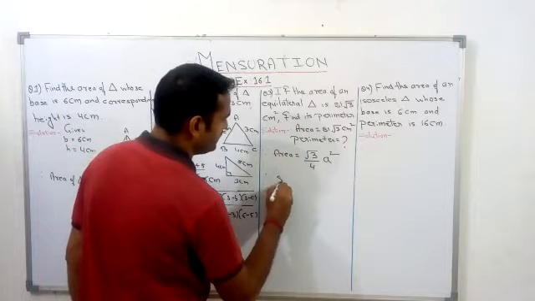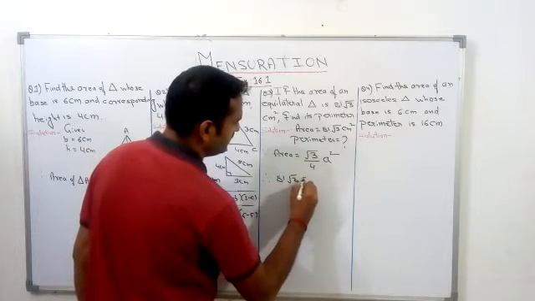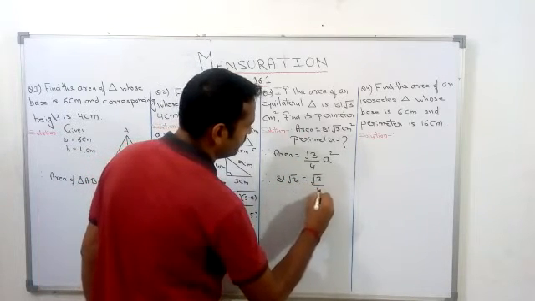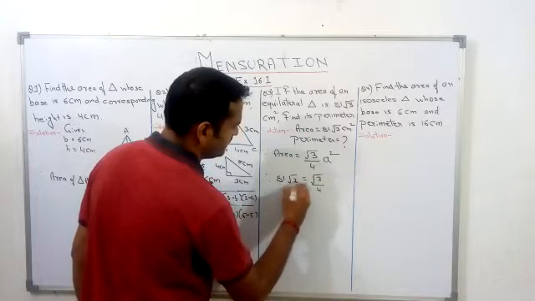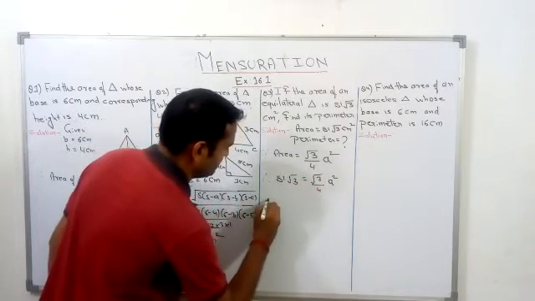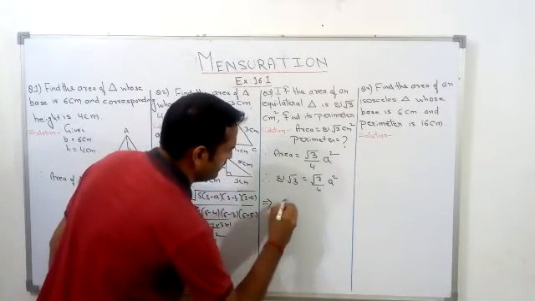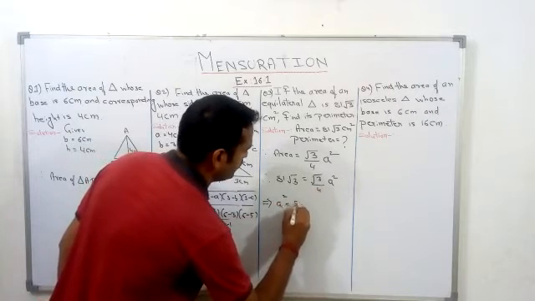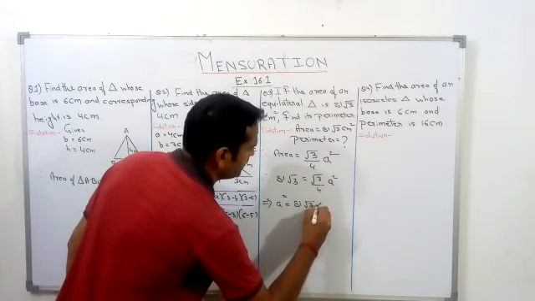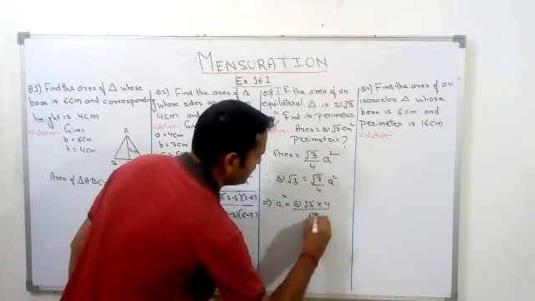Therefore, area is given 81 root 3 equal to root 3 by 4 A square. A square equal to 81 root 3 into 4 by root 3.